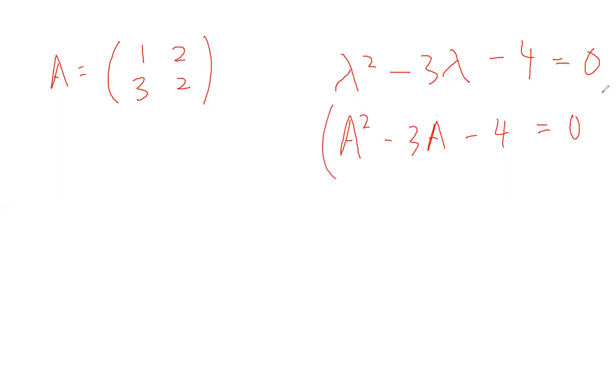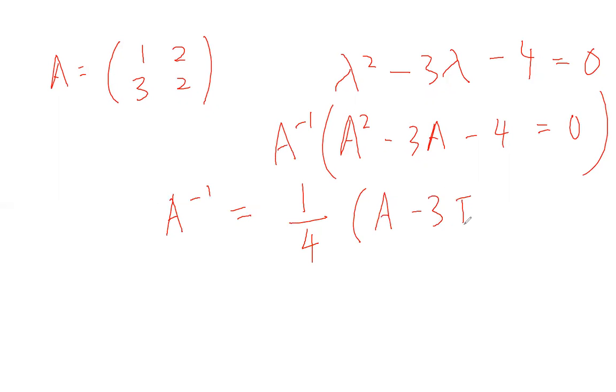First we multiply by the inverse matrix on both sides. Then we will arrange it, which is the same as what we found just now. 4 inverse equals A minus 3I. So A is this, 1, 2, 3, 4 minus 3, 0, 0, 3.